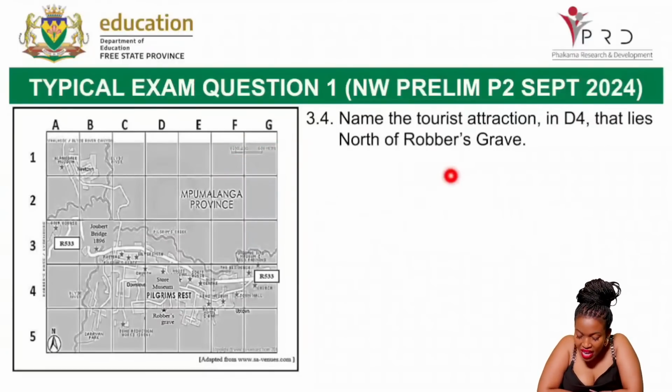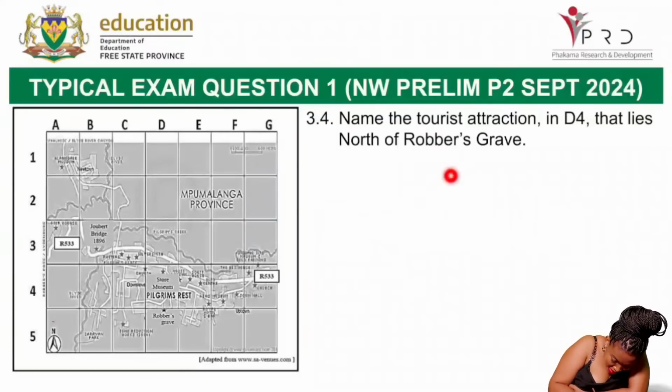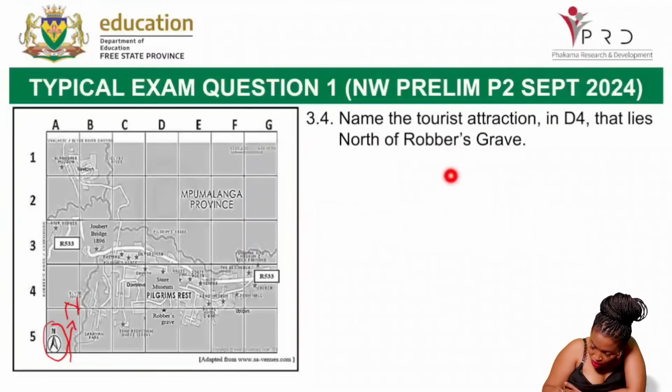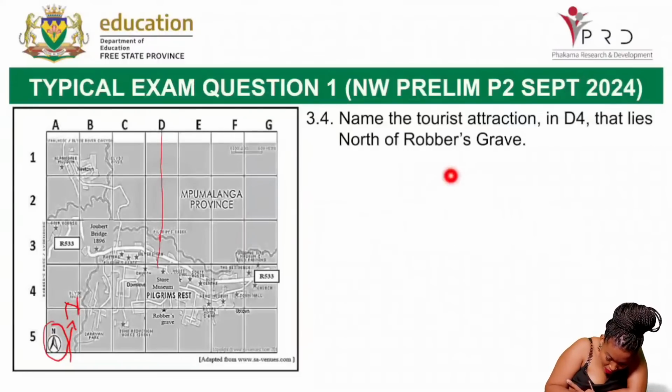3.4. Name the tourist attraction in D4 that lies north of Robbers Grave. Here, we've got a compass direction pointing up. That is our north. They want the tourist attraction in D4. Where is D4? This is D, this is 4, so here. And they say it is north of Robbers Grave.